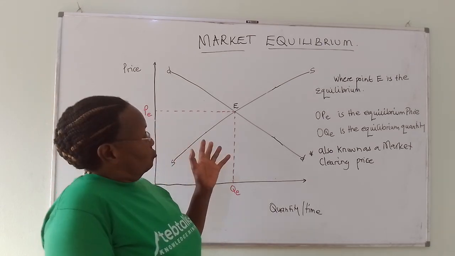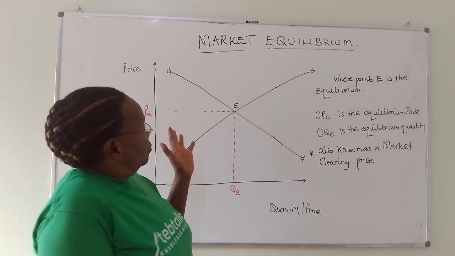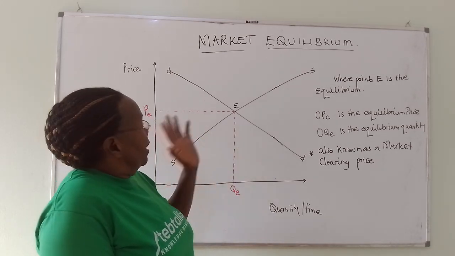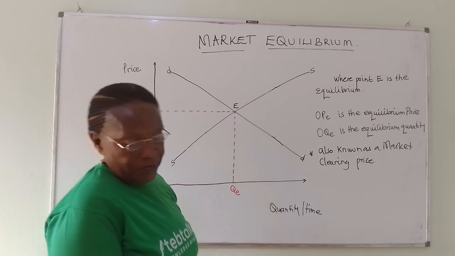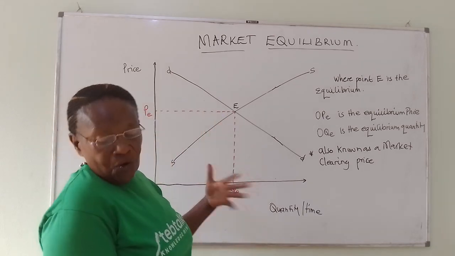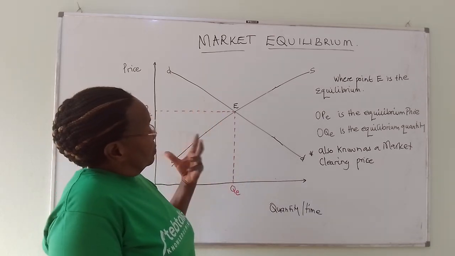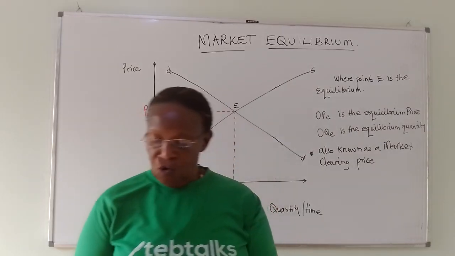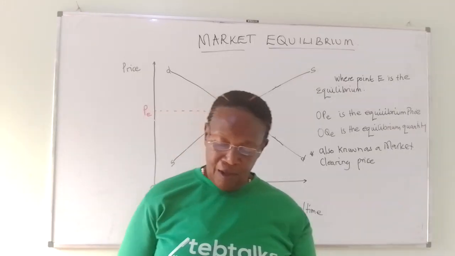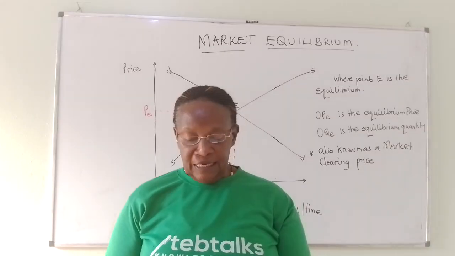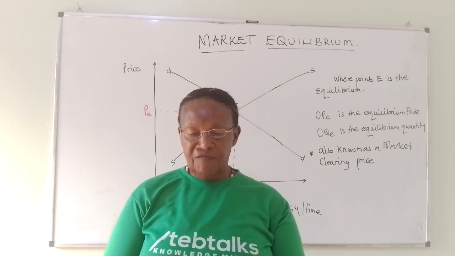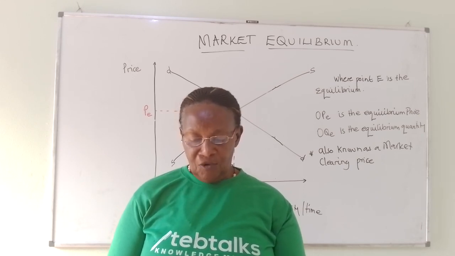You can't go to maybe Owino market or Chikubo market and then try to establish demand and supply and come out with an equilibrium price. No, it is simply theoretical, but from this theory we can derive what actually happens in the real world kind of operation. But at least it is established where the demand curve intersects with the supply curve in a free market economy.